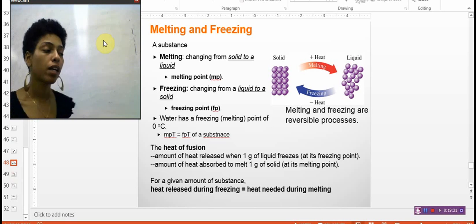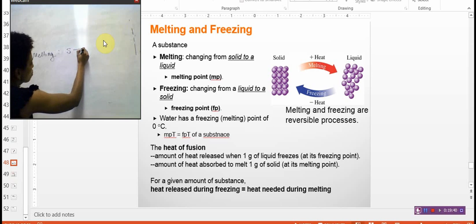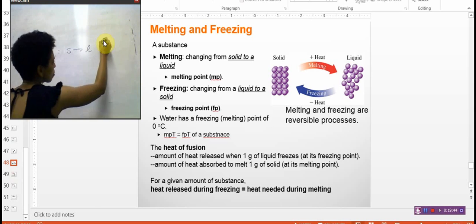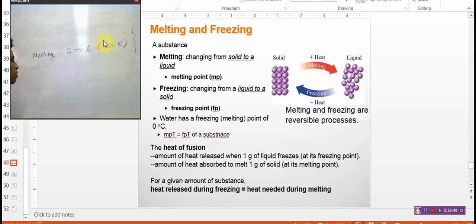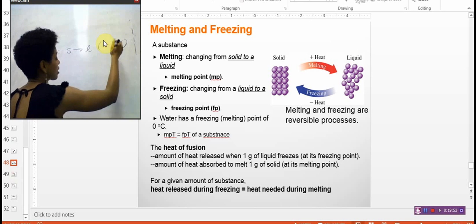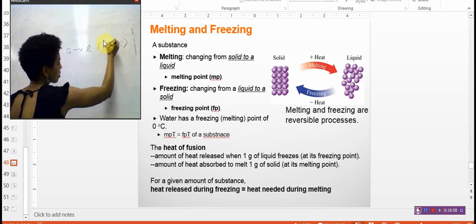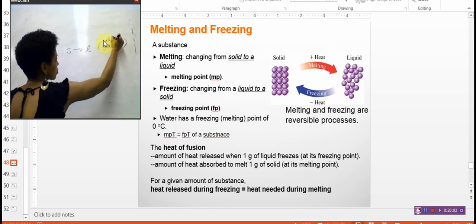Melting, I'm going from a solid to a liquid. And if you remember from just a minute ago, that means we have a loss of energy, right? But I'm sorry, not a loss of energy, a gain of energy, because in order to go from solid to a liquid, we have to add in energy or absorb.